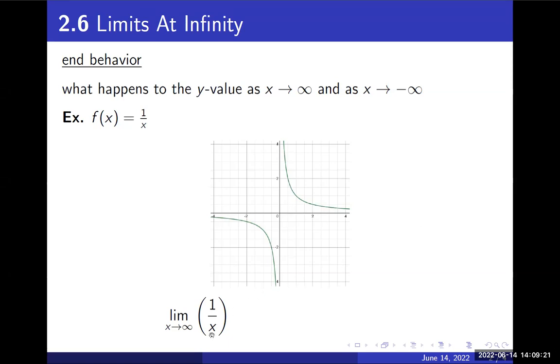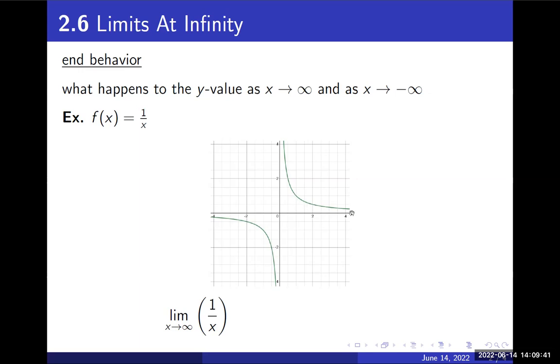Let's take a look at the limit as x approaches infinity for our function 1 over x. We're thinking as x gets larger and larger, what would happen to the y value as the x value gets bigger and bigger?